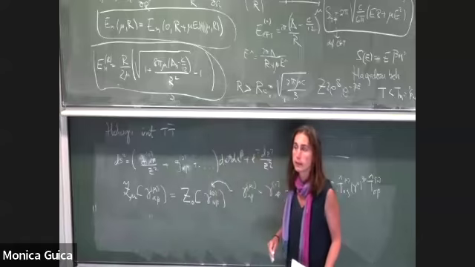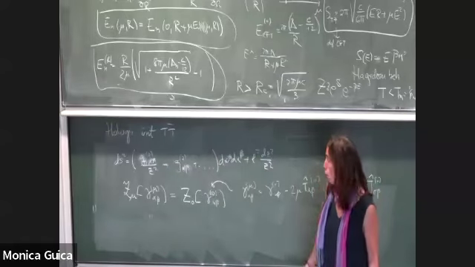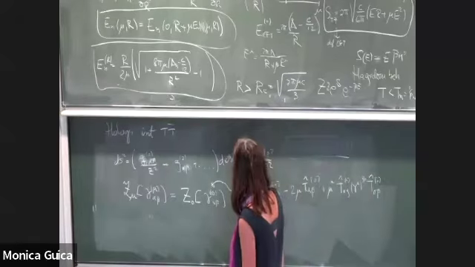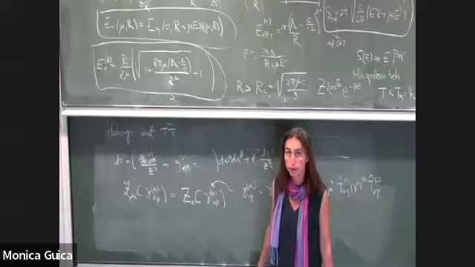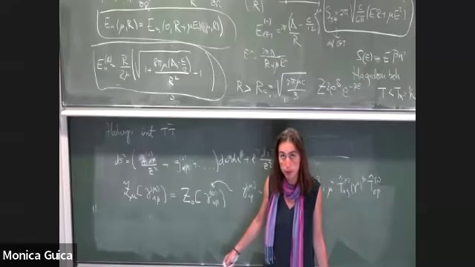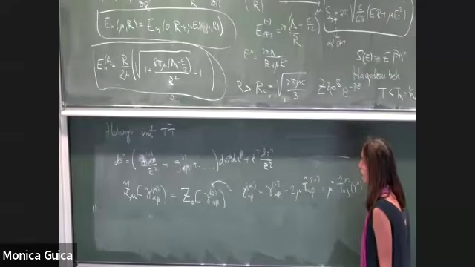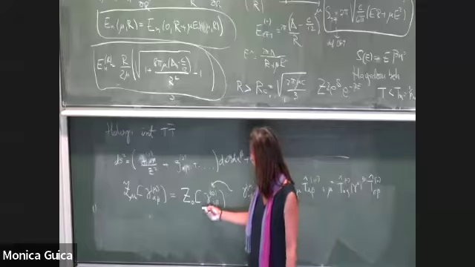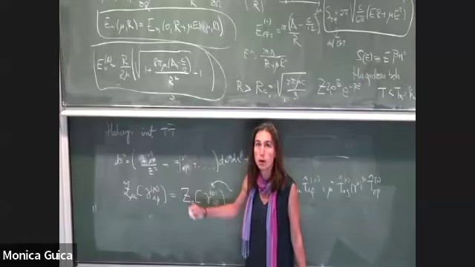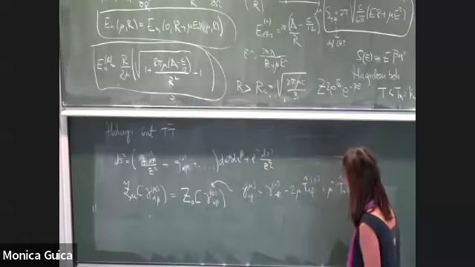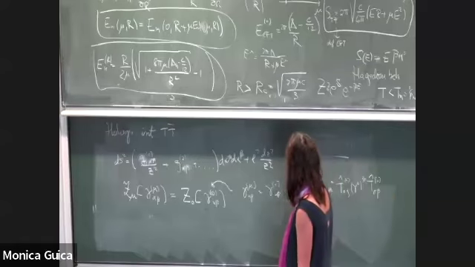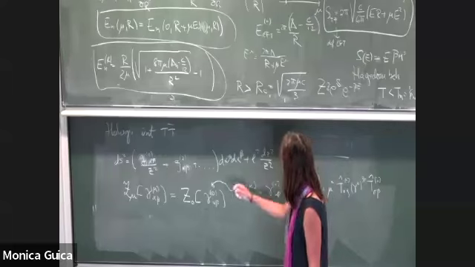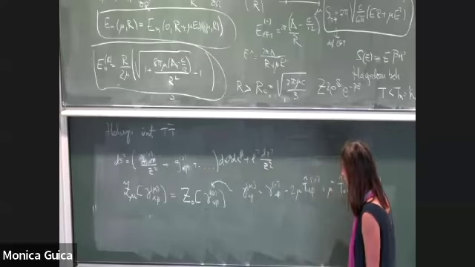Now, if I want to get the holographic dictionary, what I should do is just use the undeformed holographic dictionary, just for the CFT, to write this gamma 0 in terms of bulk fields. The relationship between gamma 0 and gamma mu in terms of bulk fields.